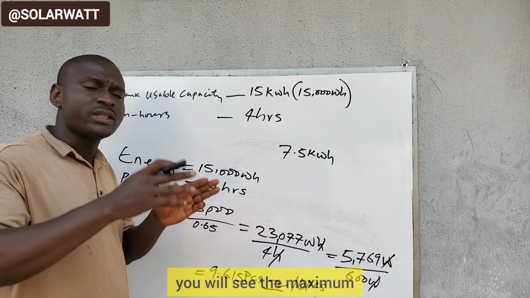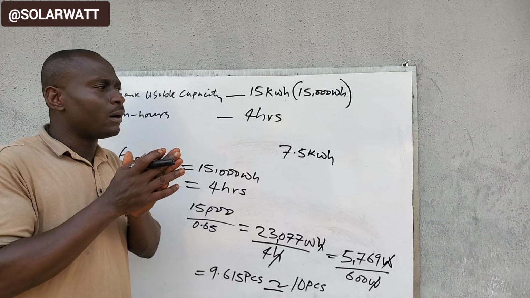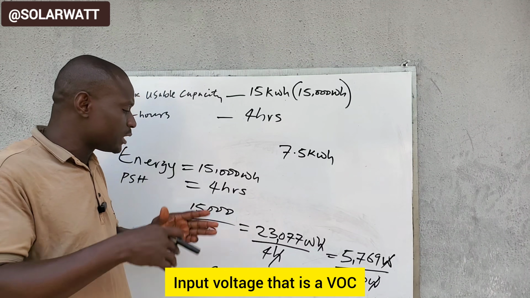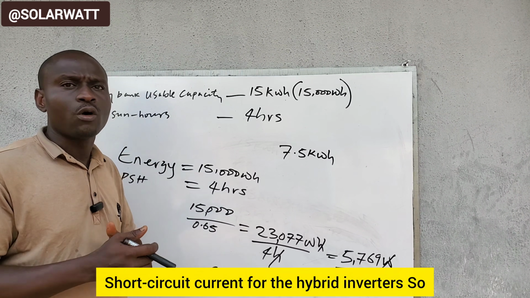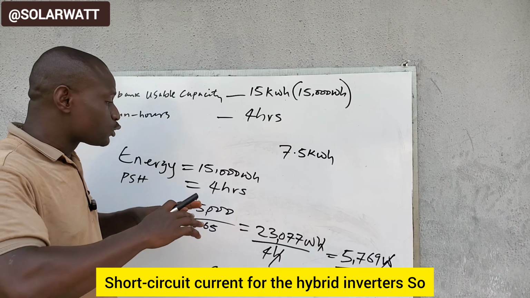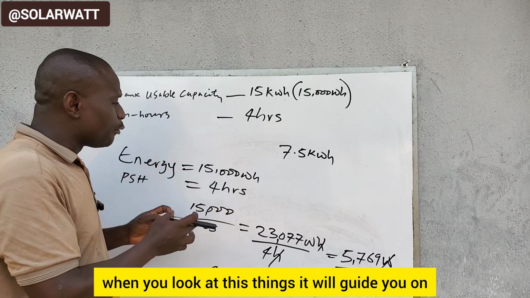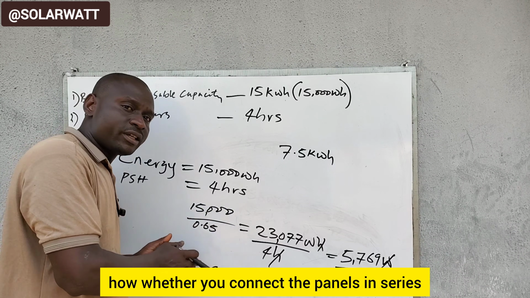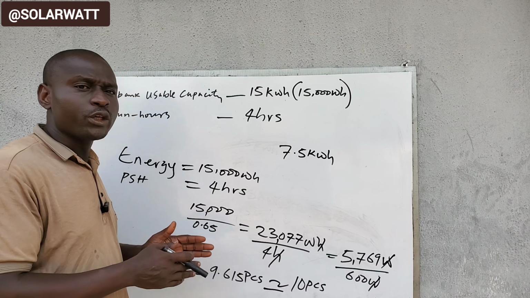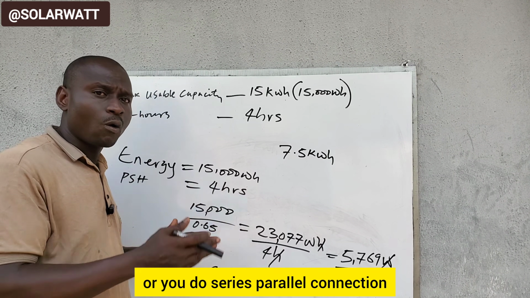These will guide you. You will see the maximum input voltage, that is the VOC. You also see the maximum short circuit current for the hybrid inverters. When you look at these things, they will guide you on whether you connect the panels in series, in parallel, or you do a series-parallel connection.